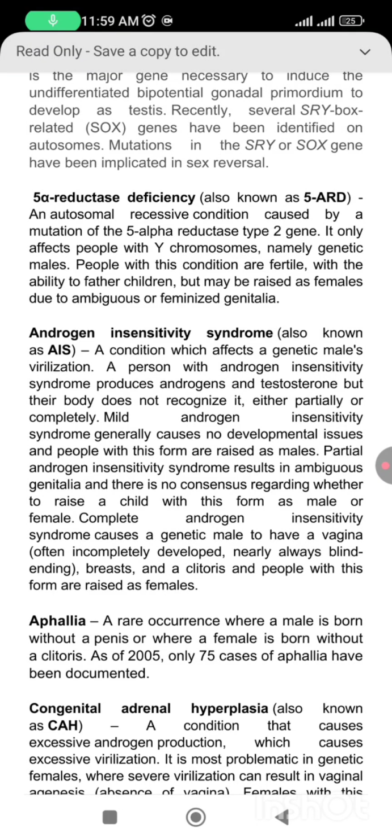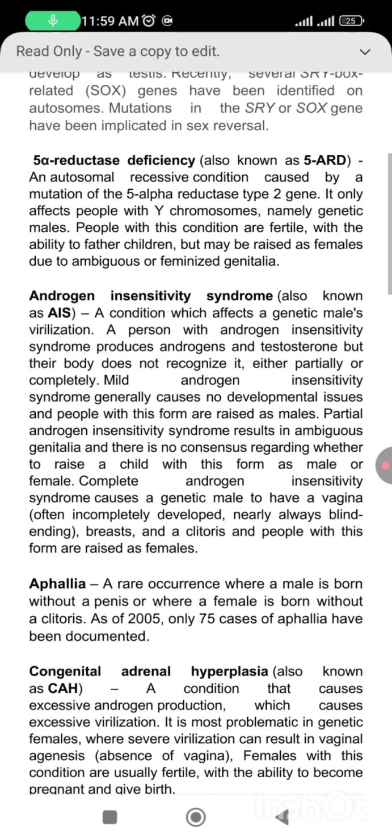People with this condition are fertile with the ability to produce children, but may be raised as females due to ambiguous or feminized genitalia.